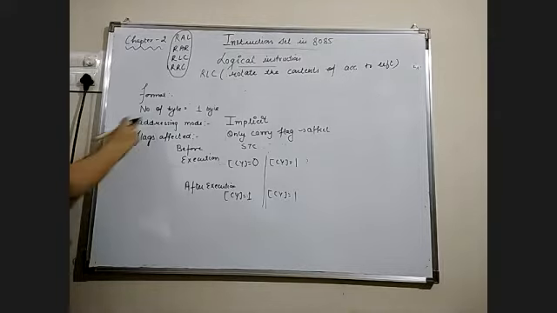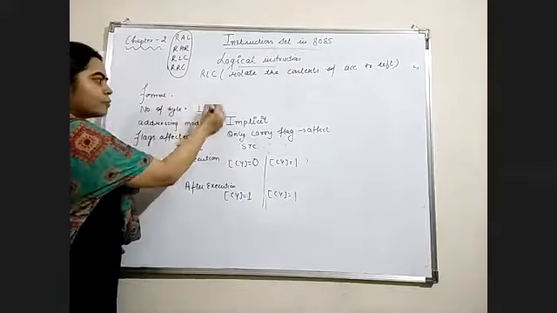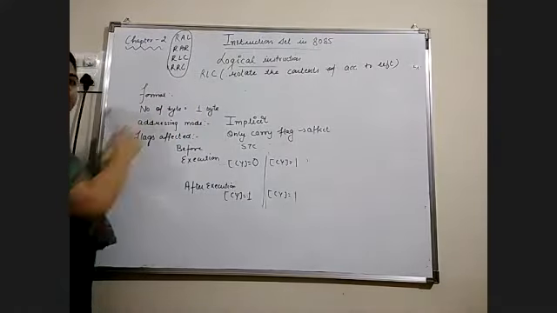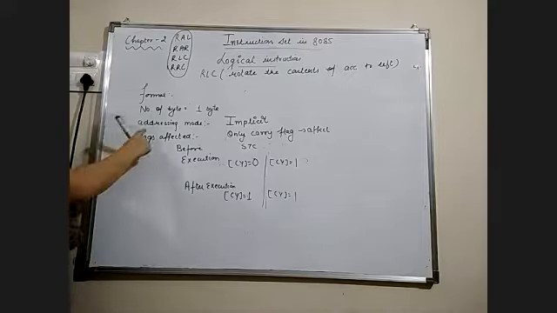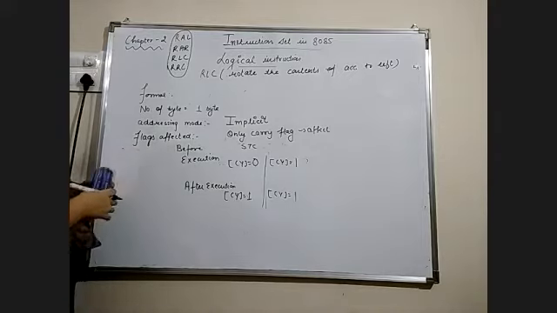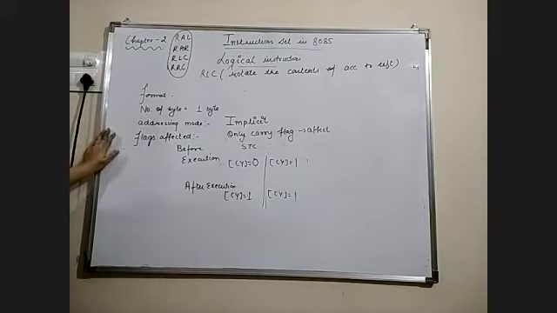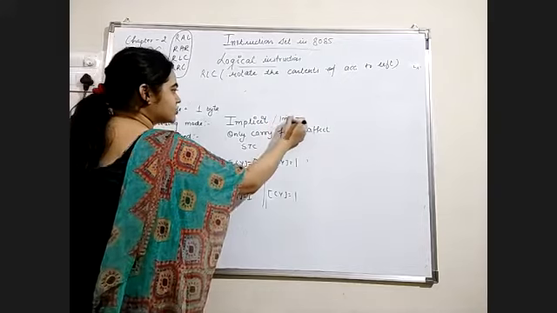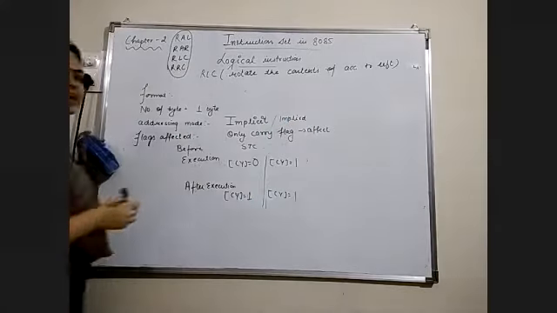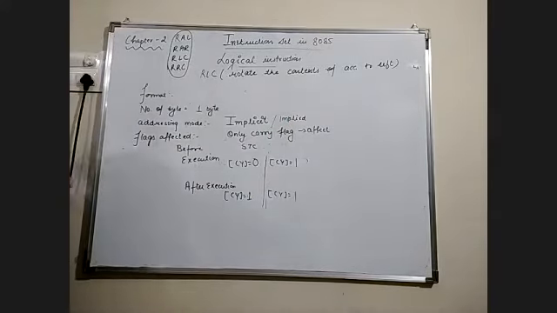Next, the number of bytes. This instruction will occupy 1 byte of memory, because explicitly no data or address is given. Addressing mode: the addressing mode of this instruction is implicit or implied addressing mode, because we rotate the contents of the accumulator, which is inside the opcode only and not explicitly specified in the instruction.